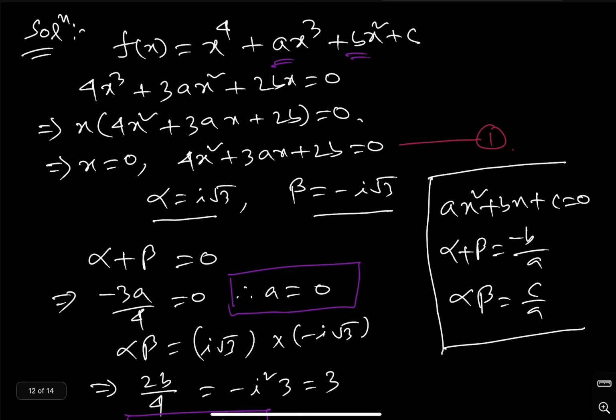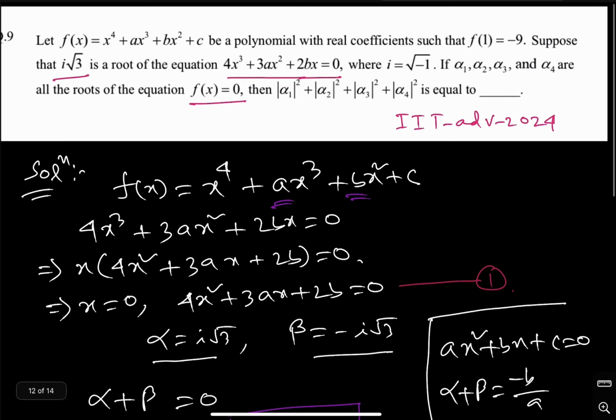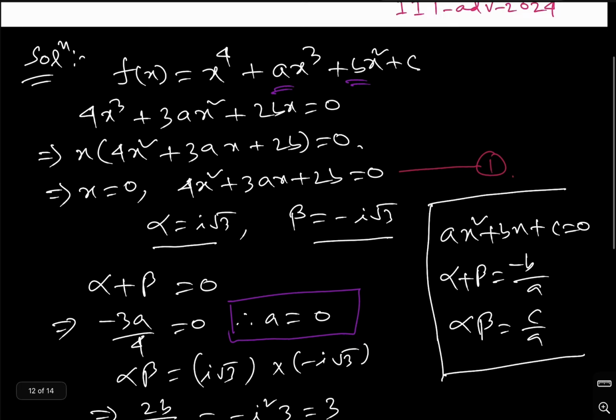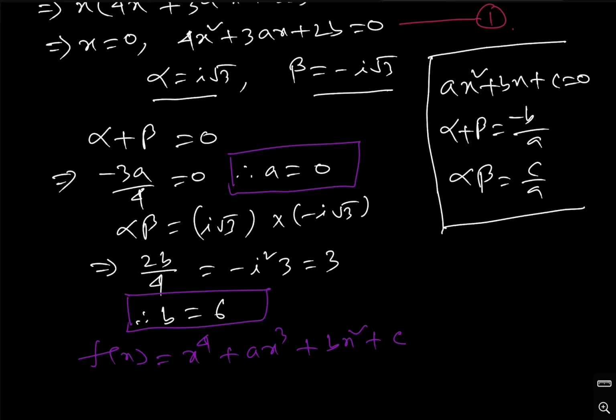Finally, we have to find the value of c. Students, the value of c can be derived using this condition, that is f(1) equal to -9. Okay. Look, f(x) = x⁴ + ax³ + bx² + c.